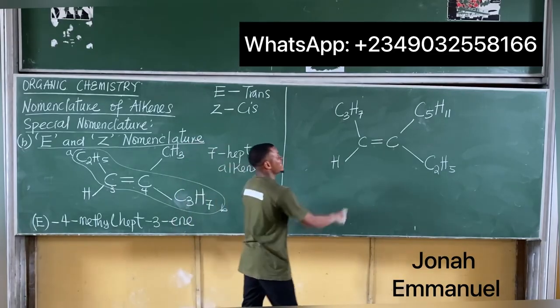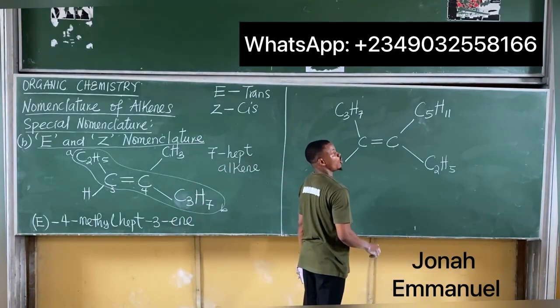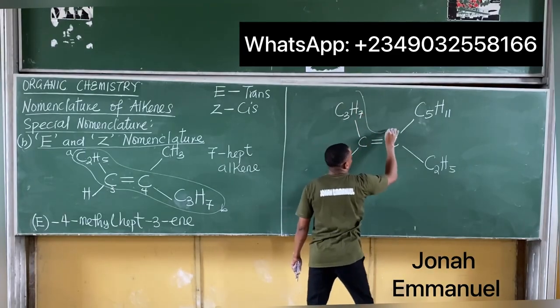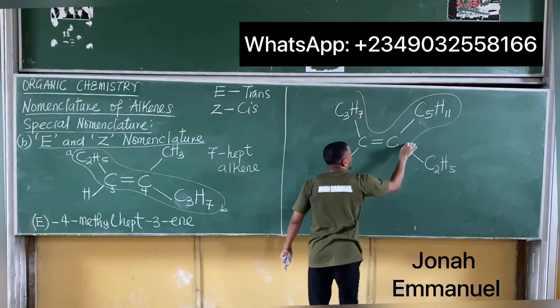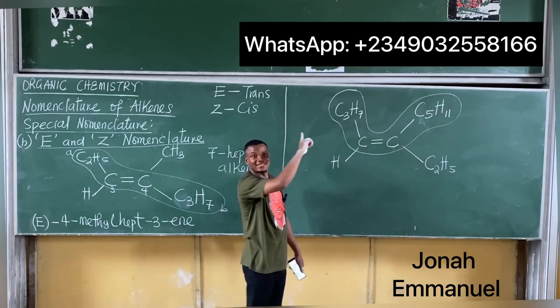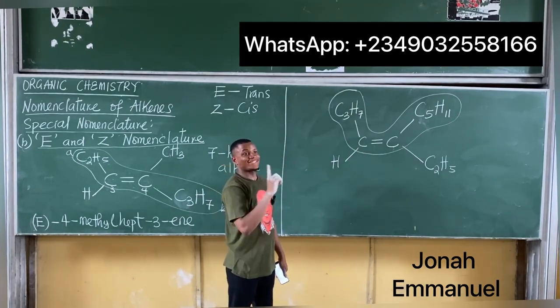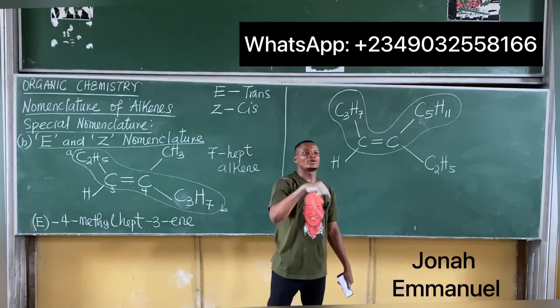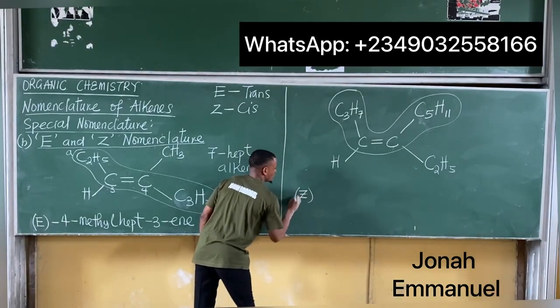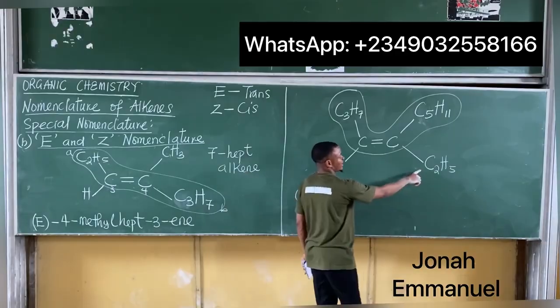All right, let's name this one here. Look up, please. Obviously, the longest continuous carbon chain has to be this one here. And this is what? The cis system. If it's cis, what will be the corresponding E or Z? So it becomes Z.